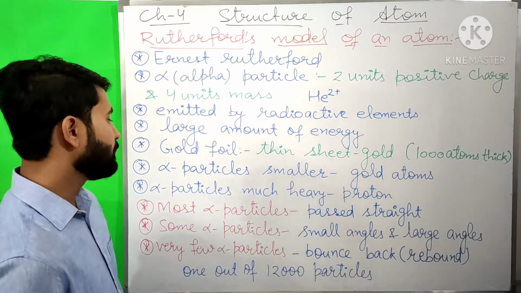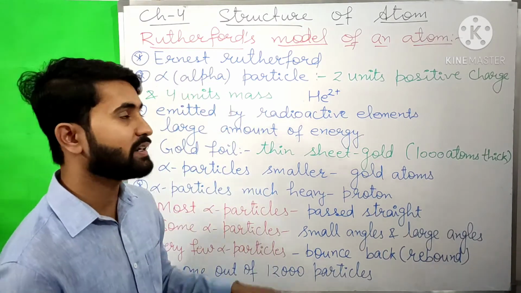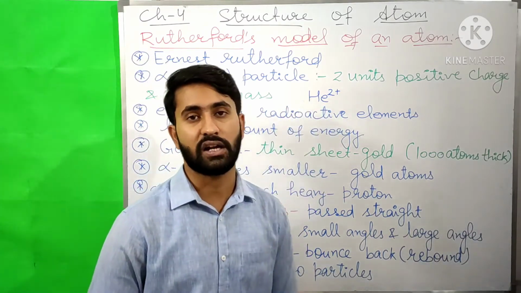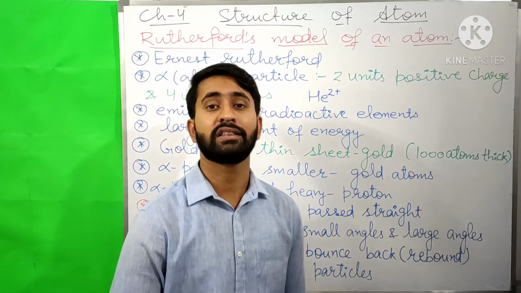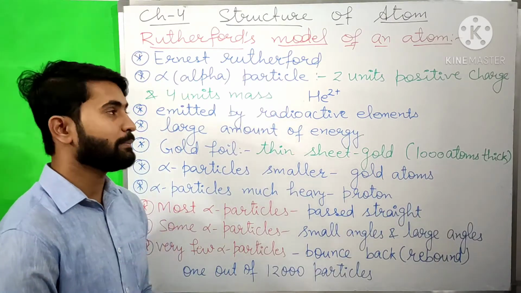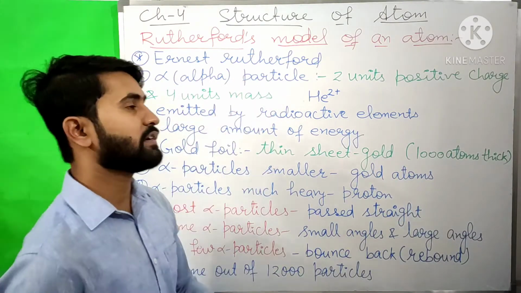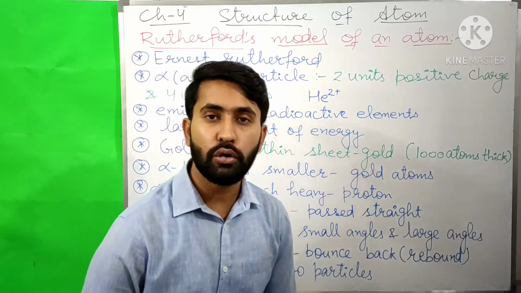Now the alpha particles, that are helium ions having 2 positive charge, are much smaller in size than the gold atoms, and in his experiment the alpha particles were made to fall on the gold foil.